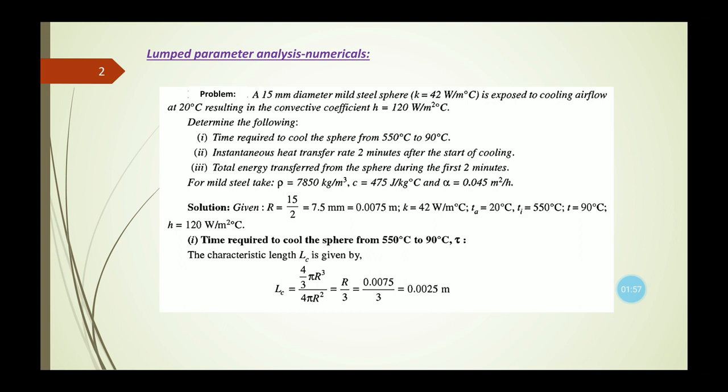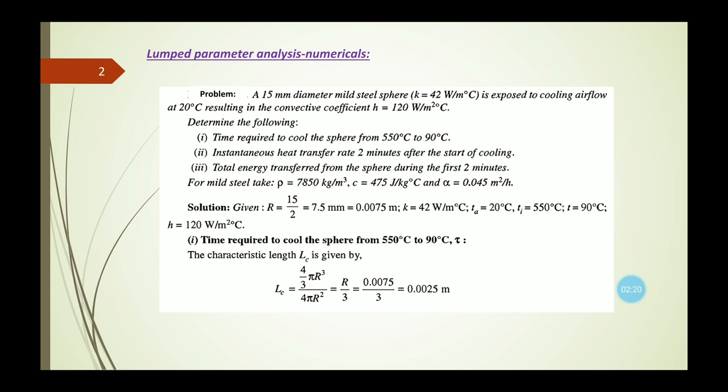So what are the things given here? For mild steel, the density is given 7850 kg per meter cube, c is given 475 joule per kg degree centigrade, and alpha, that is thermal diffusivity, is given 0.045 meter square per hour.